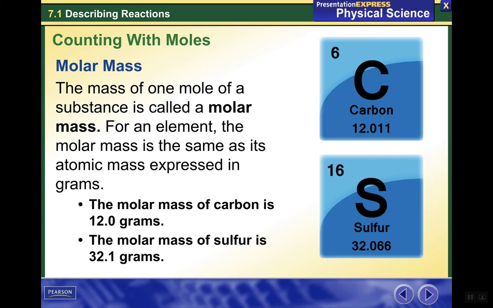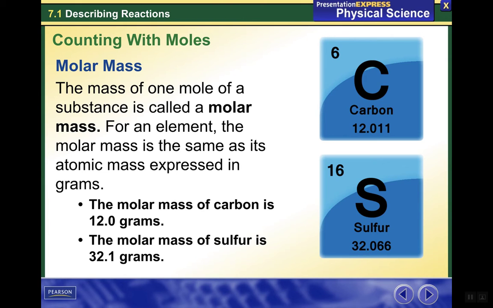So when we talk about molar mass, we're talking about the mass of 1 mole of a substance. So carbon, for example, if I had 6.02 times 10 to the 23rd atoms of carbon, the mass would be 12.011 grams, or we can round that to 12 grams. Now that happens to be the same number as the atomic mass of that element.